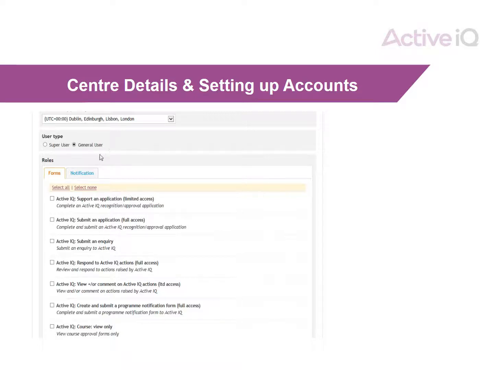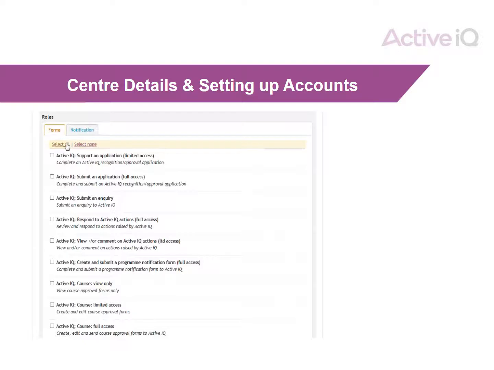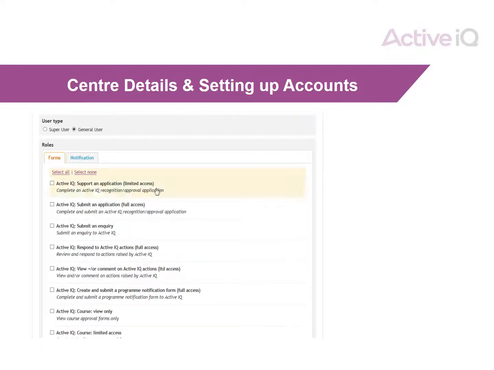So we'll set this person up as a general user, and in terms of what this general user can do, the permissions are set by yourself. You can select the boxes for the individual responsibilities within the system that you want this general user to have. If you want to, you can select all and unselect the ticks if you like.